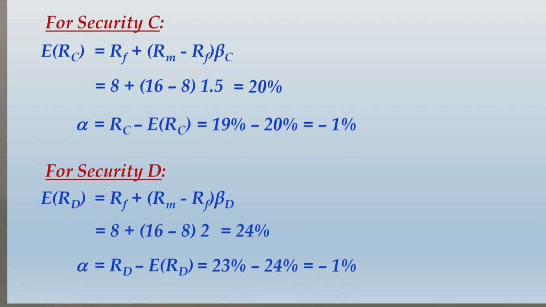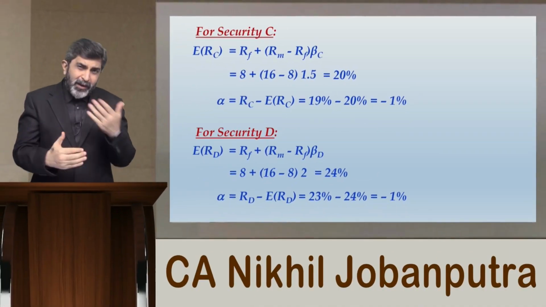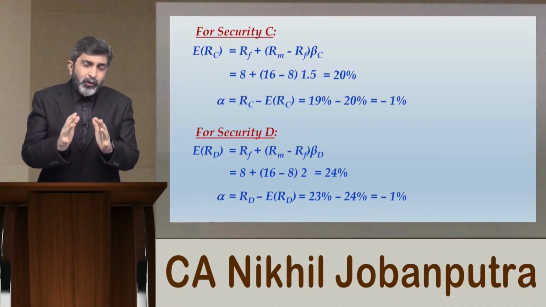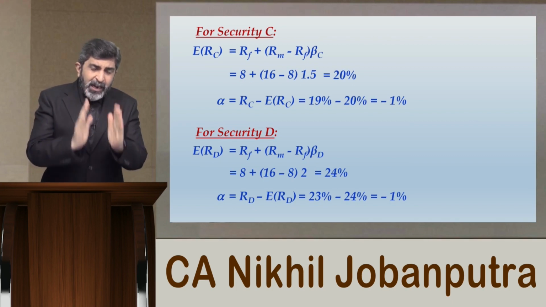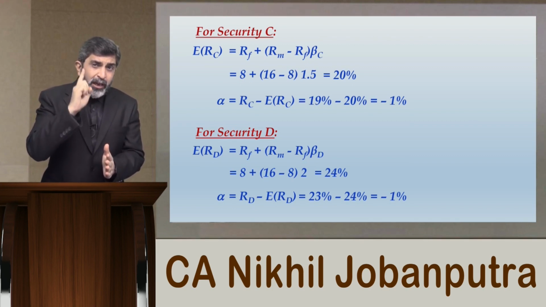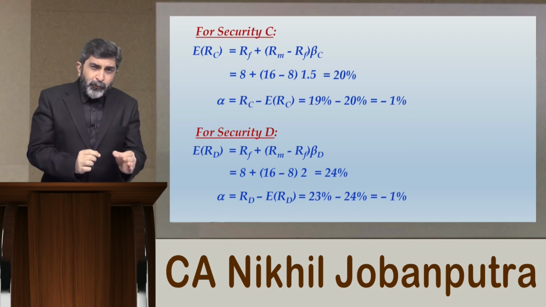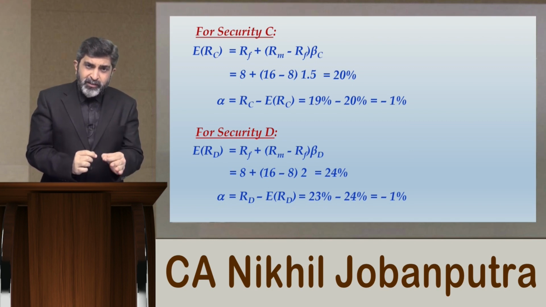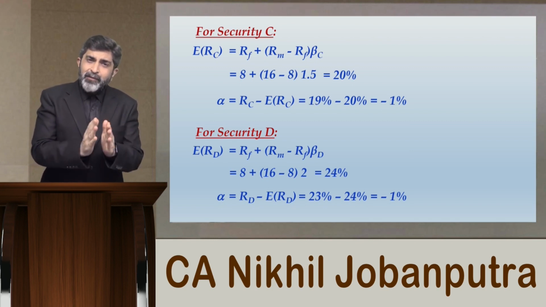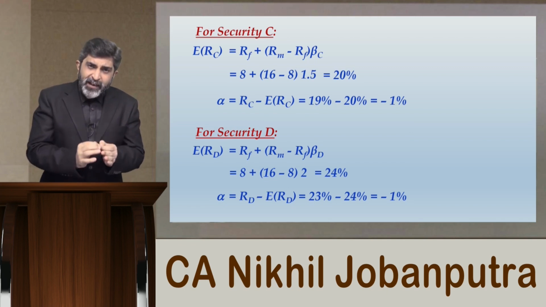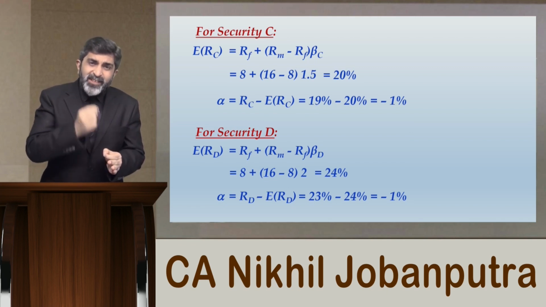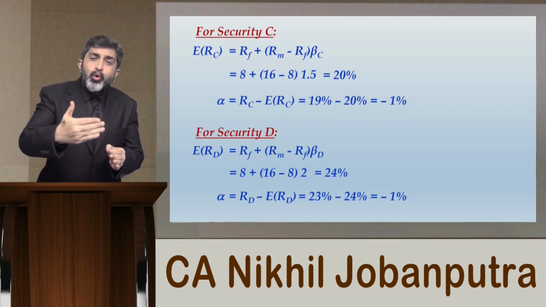In such a scenario, how would you recommend a change in the portfolio? So first of all, the fundamental point that you should never ignore is your portfolio should include securities which have positive alpha. The moment you find a negative alpha, your decision should be to sell that security, means your portfolio should exclude that security.